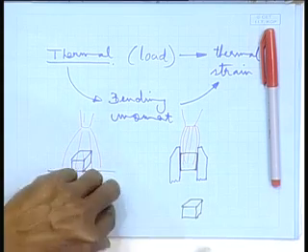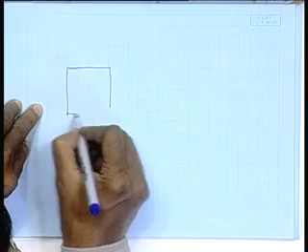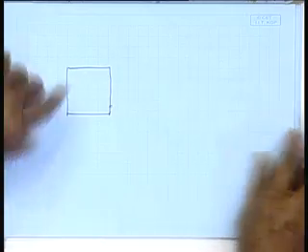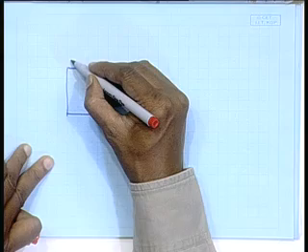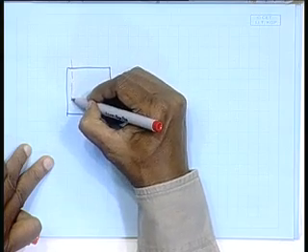Here I will find the size has changed. Yes, this has decreased. So, what has happened is essentially, say, one cross section I am drawing only, the front elevation, it has become like this.